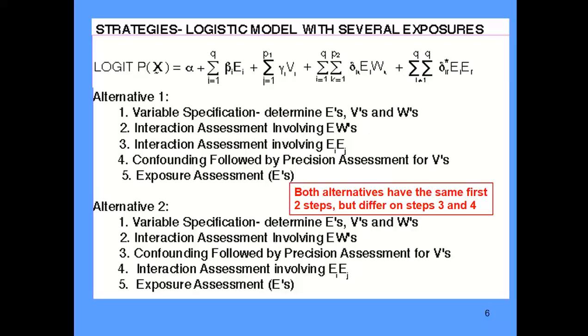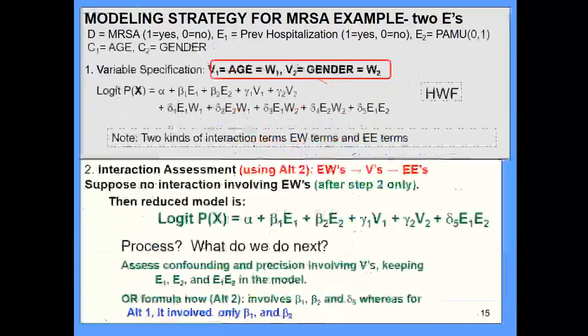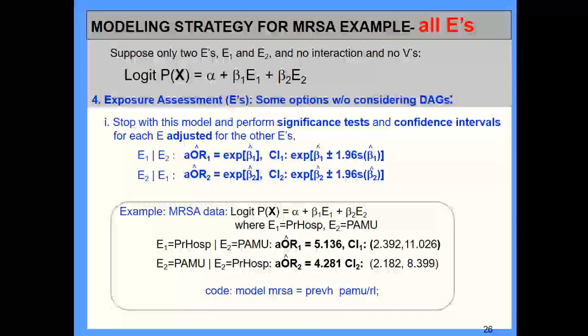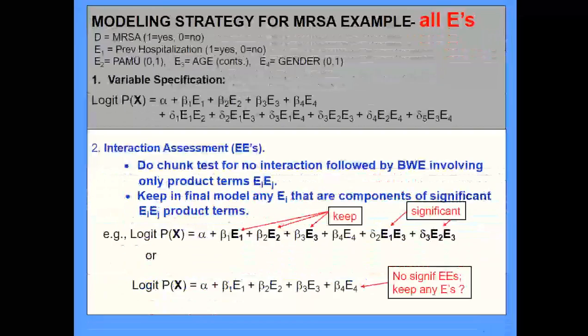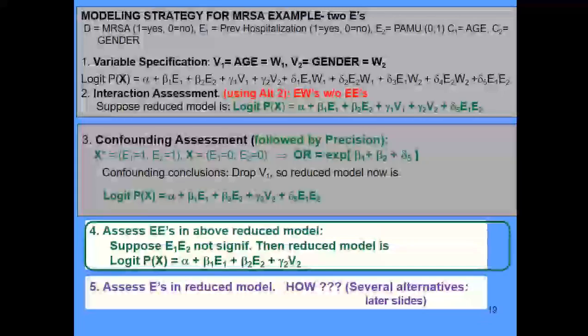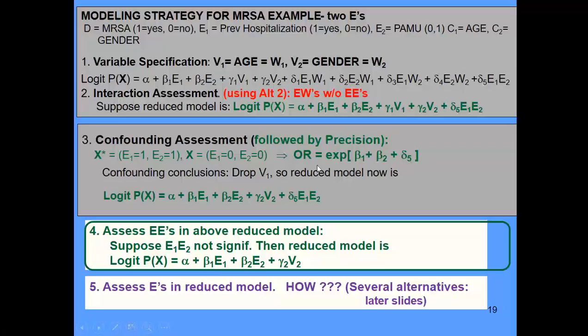Then I walked through some examples with the MRSA data, looking at both these alternatives. I'm skipping ahead, I'm not going to go through these examples again. When I looked at the second situation, which was alternative 2, after I considered some different ways to look at the data, I eventually wound up with a model that had the two exposures.